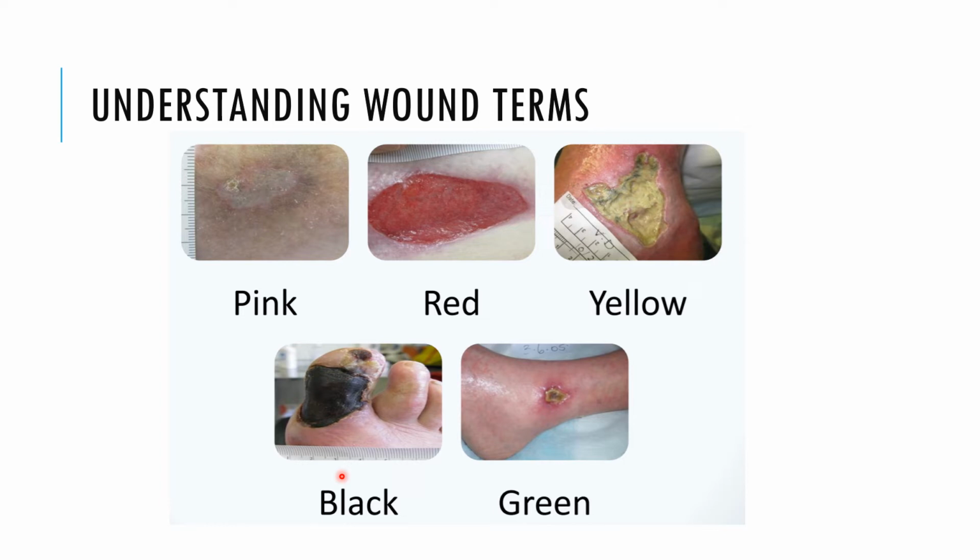This eschar inhibits the proliferation and maturation phase of wound healing by preventing the formation of granulation tissue and inhibiting wound contraction and epithelialization. So moist eschar supports bacterial growth, increasing the risk of infection, and ideally should be debrided.